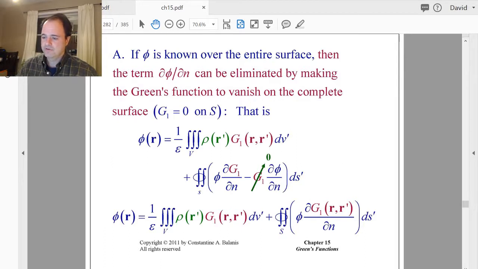So if phi is known over the entire surface, then the term d phi dn can be eliminated by making the Green's function vanish on the complete surface. So we have the boundary condition such that G vanishes on the surface, and then that eliminates this second term. All right, and then we can compute this term, and this will be given to us because it'll be told to us by the problem.